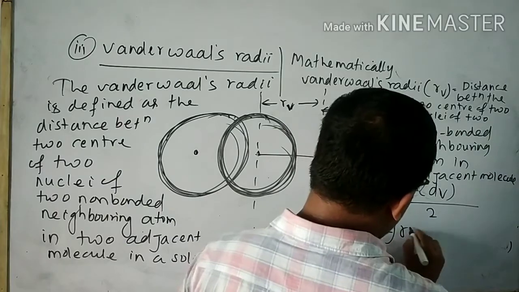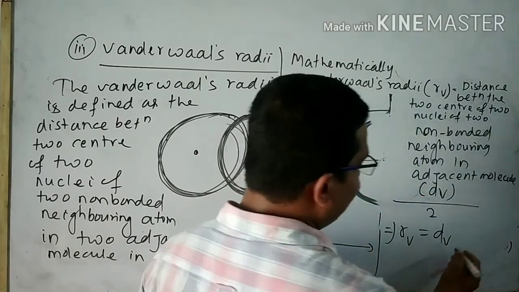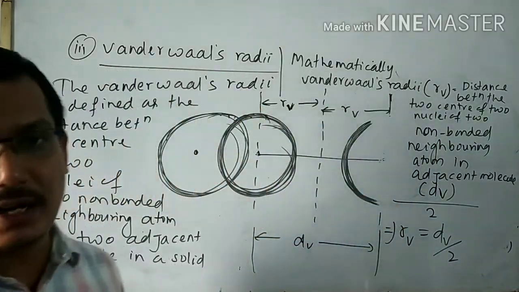So we can write Rv is equal to dv by 2. This is your van der Waals radius.